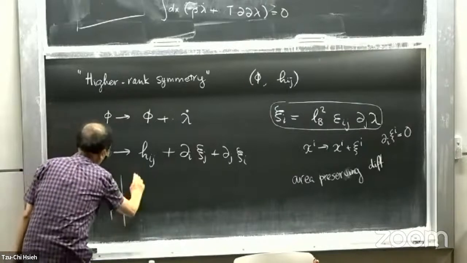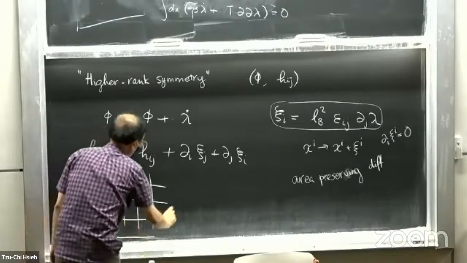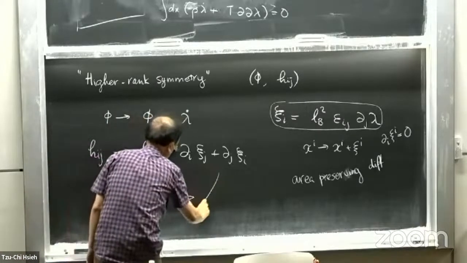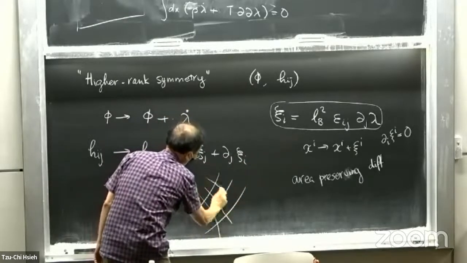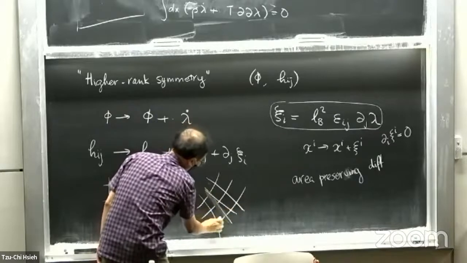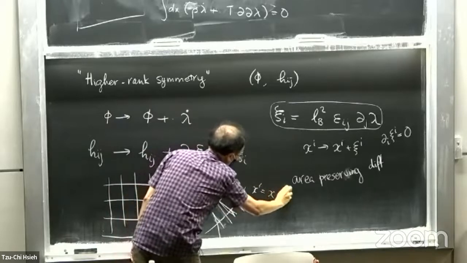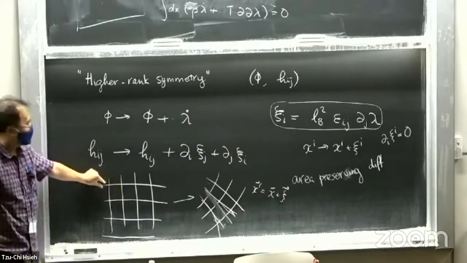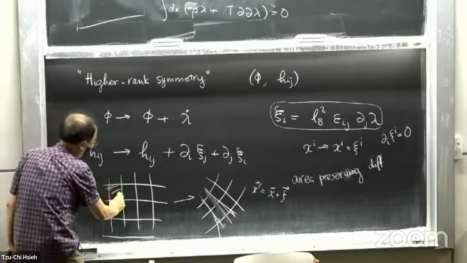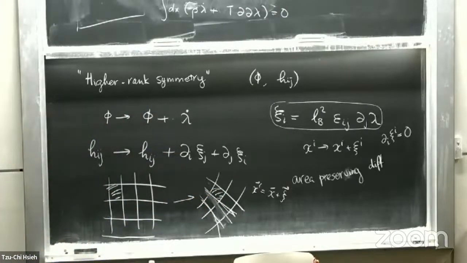Say we take a certain system of coordinates and move to another system of coordinates, x prime, where x prime equals x plus psi, in a way that angles are not preserved, lengths are not preserved, but the area is preserved.